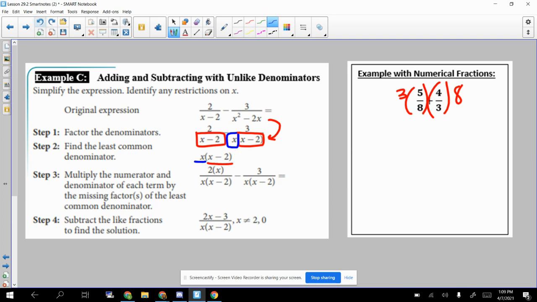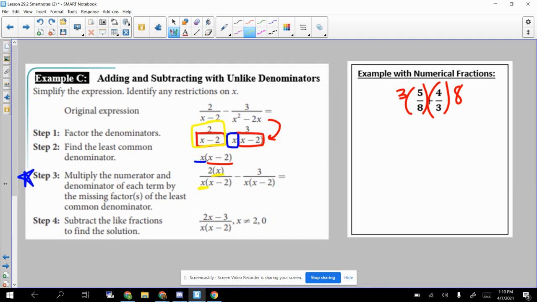Then step 3, this is the part where people get a little tricked up. You need to multiply the numerator and denominator of each term by the missing factors of the least common denominator. So if we look back up, this term is missing the x, so we have to multiply the numerator and the denominator by that x.